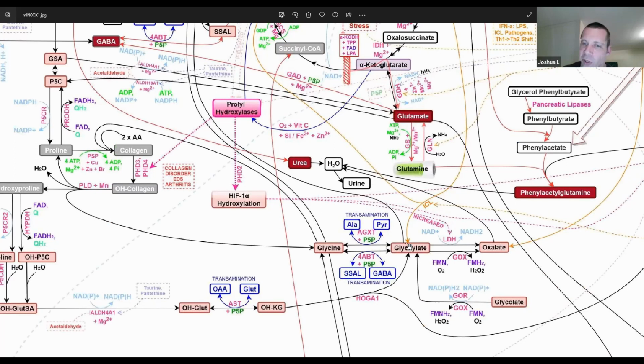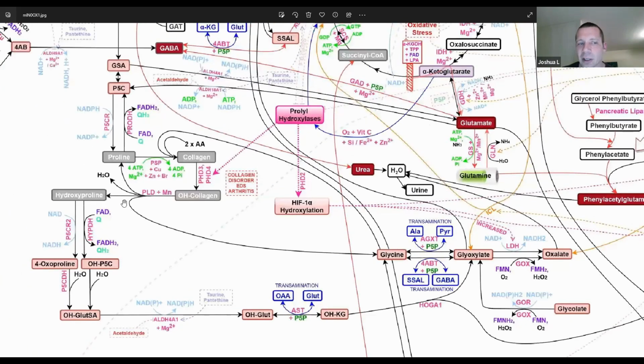So it promotes glyoxylate through to oxalates, rather than going via those transaminations to produce lysine. So that's a very interesting one. So this pathway being problematic is likely going to end up with more oxalate production, endogenous oxalate production.